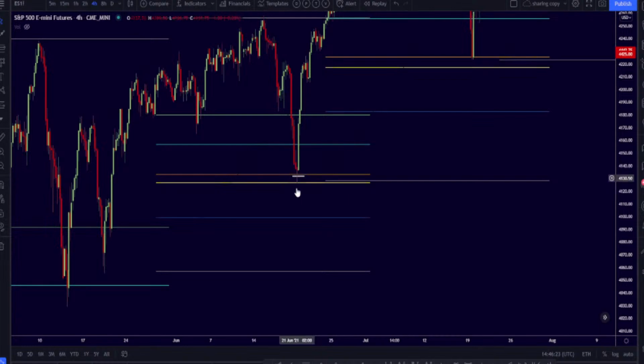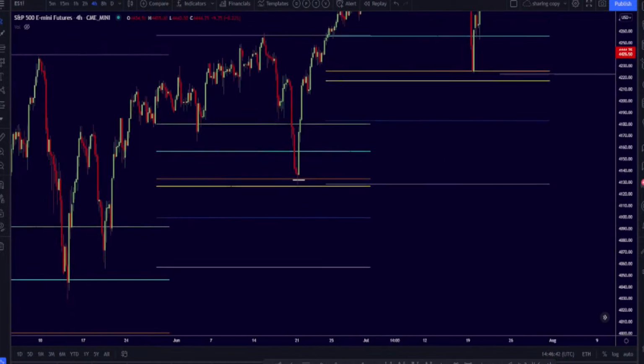I guarantee somebody was bought somewhere and had a stop there, or more probably somebody sold right at the 65 because they thought, oh, we broke the 618, so it must be going down. And the reason I know that happened is because look at the reaction that comes out of tapping that 65. It's literally a moonshot straight up.